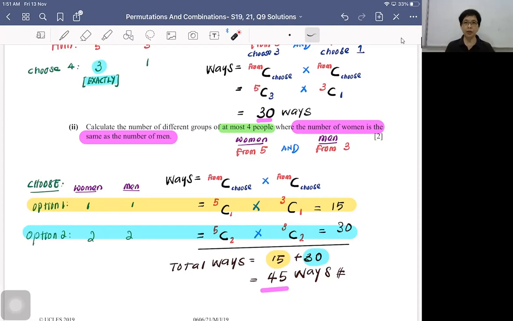Now, you come to the final part, you put together the total ways that meet both of these conditions: at most 4 people, and second condition, the number of women is the same as the number of men. Therefore, you take the 15, add up to the 30, you get for yourself 45 ways.